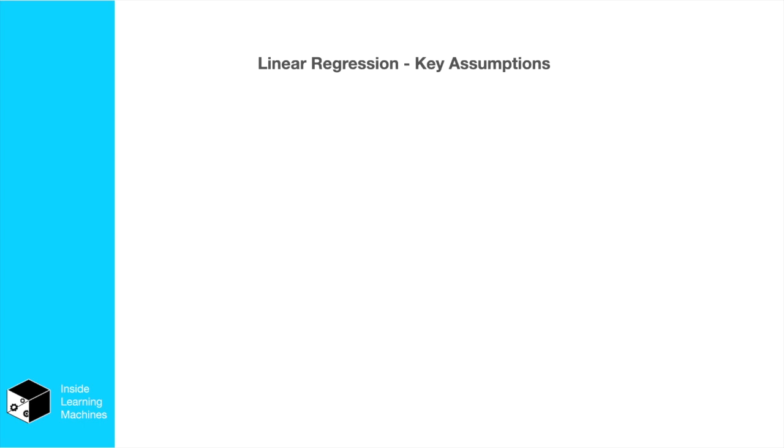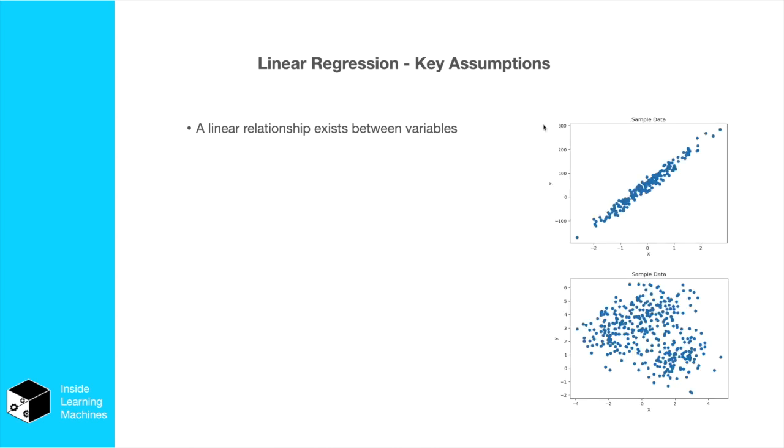Now let's go over the key assumptions of linear regression. So the first and foremost is that there is in fact a linear relationship between the different variables in our data set. So we can look at two different examples here. In each example, we have a predictor variable, x, on the horizontal axis, and a target, y, on the vertical.